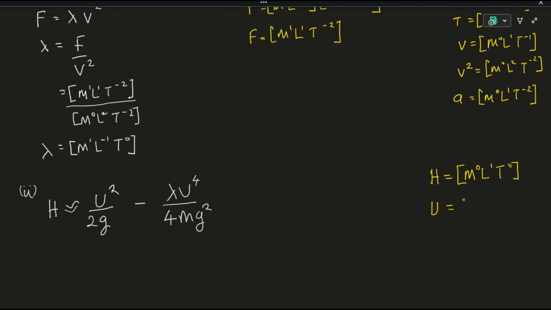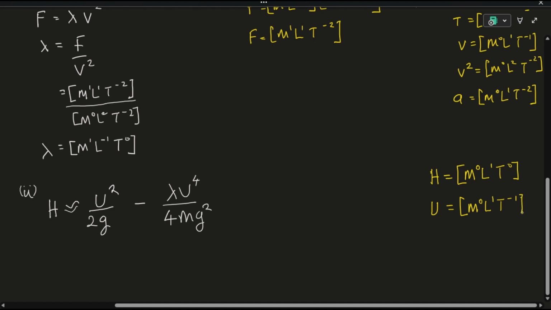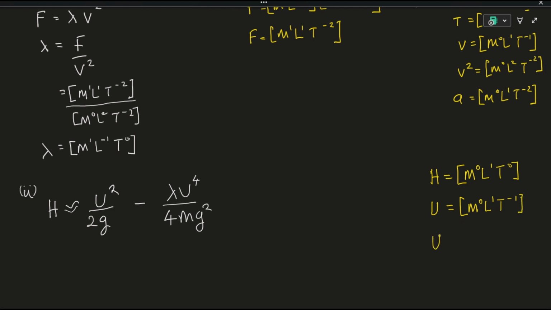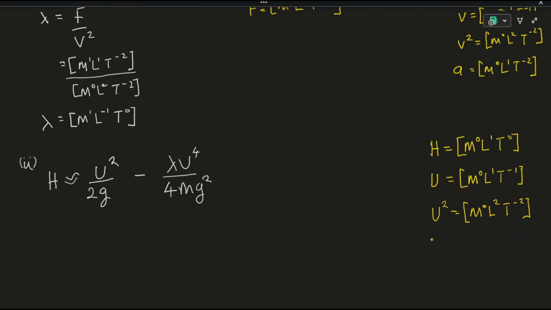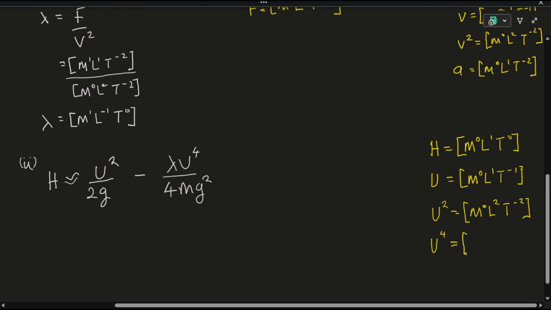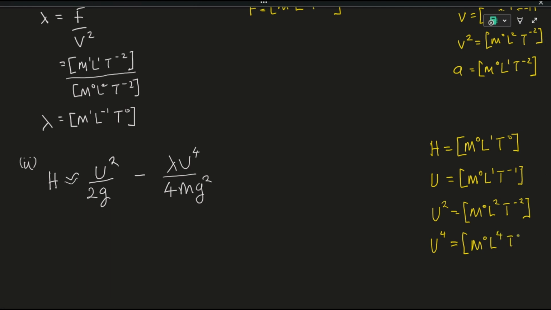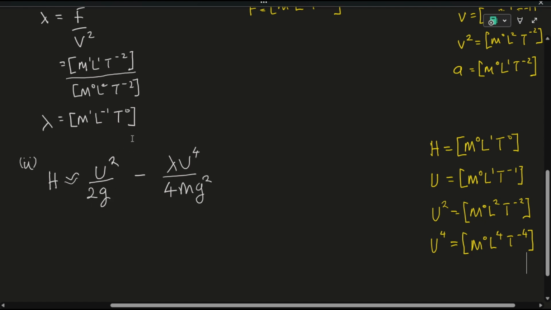that of the initial velocity is given by u squared will then be given by so u exponent 4 would also go by so with these dimensions we will go ahead to simplify the dimensions for the first term, this u squared divided by 2g, and then lambda u exponent 4 divided by 4mg squared.